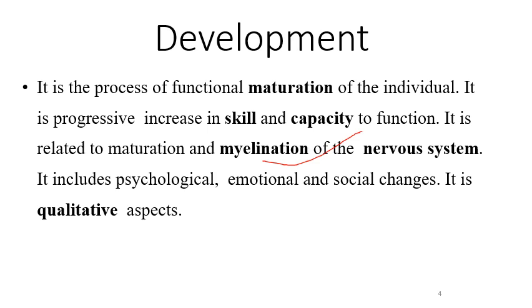The best example is increasing ability to solve mathematics. This also comes under development. One more example is a child starting to learn to ride a bicycle. This also comes under development, an increase in skills. So we consider development a qualitative aspect.